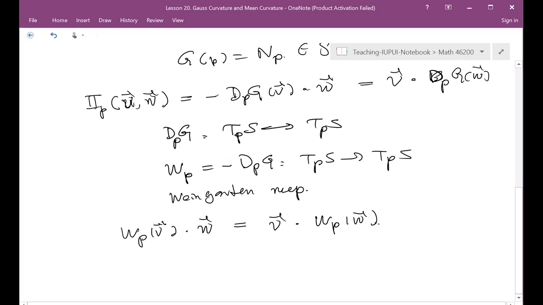Now, those are very abstract notations. A linear map is independent of any local surface patch.